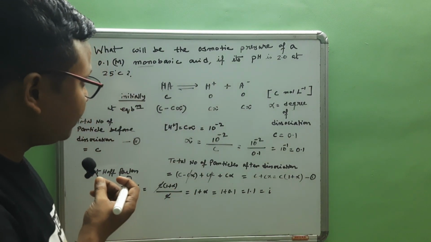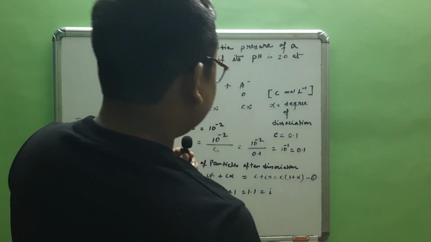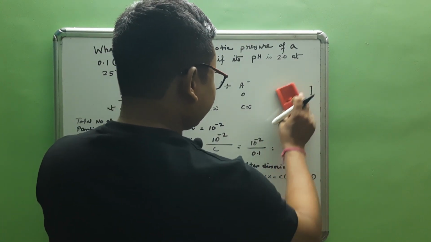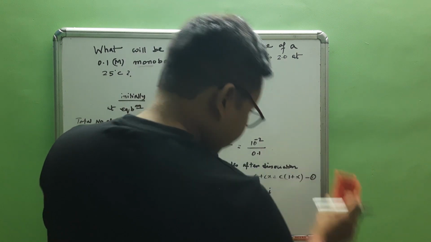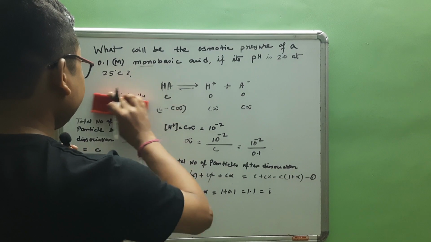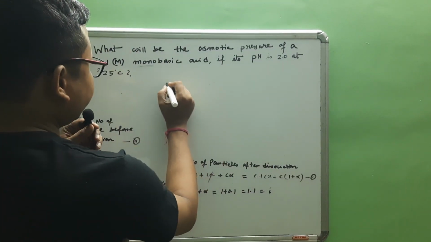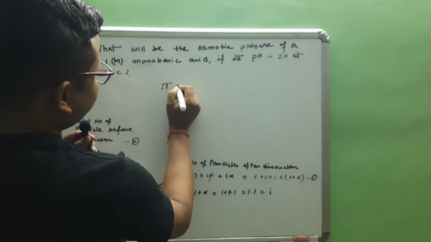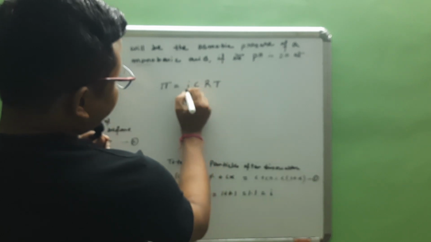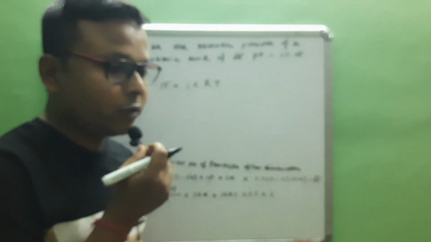Now it is very simple to calculate the osmotic pressure. The formula of osmotic pressure pi is I into CRT. Here the Van't Hoff factor is taken into account. Why?